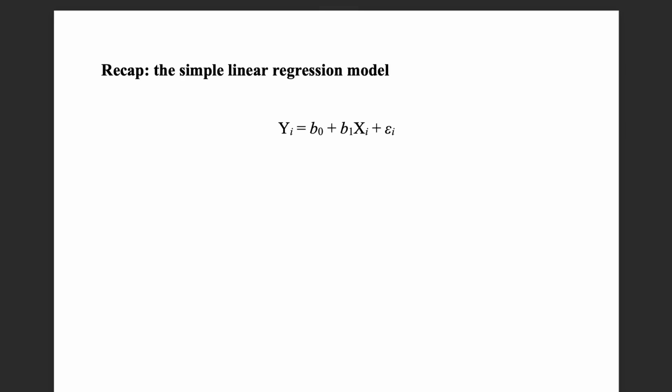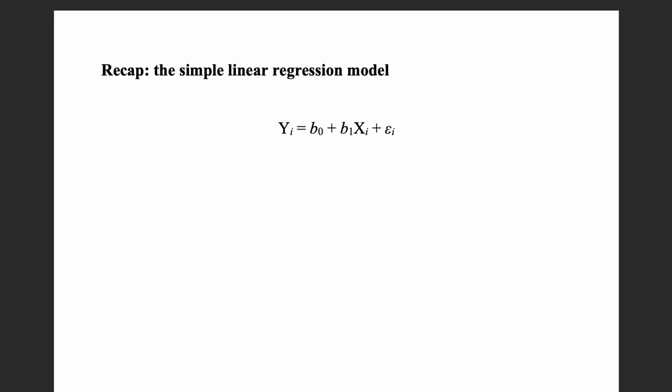So we discussed the simple linear regression model, which has the general form of yi equals b0 plus b1 xi plus an error term, where you say, well, the value of the dependent variable y for each case i is equal to a constant value or an intercept, which is the same for all the cases, plus a regression coefficient b1 for our x variable, our independent variable, multiplied by the value on that independent variable x for each case i in our data set.